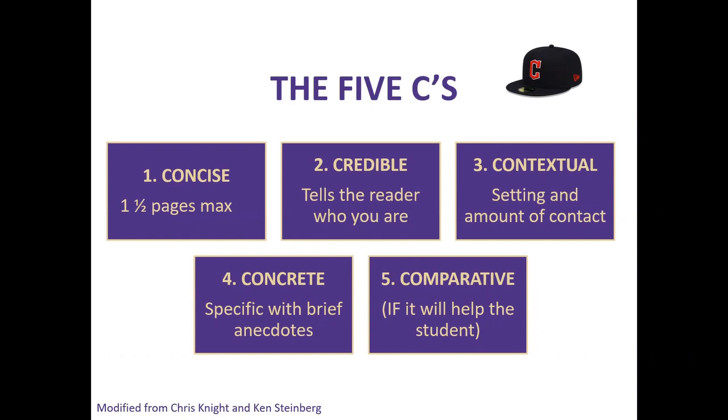It's concrete, it's specific, and for a medical student, it should have brief anecdotes. And then sometimes comparative. This one was comparative, and we write a lot more letters for medical students than that teacher does for 4th graders, and it probably doesn't behoove the students that we always put a comparative in, but sometimes a comparative can be really helpful.